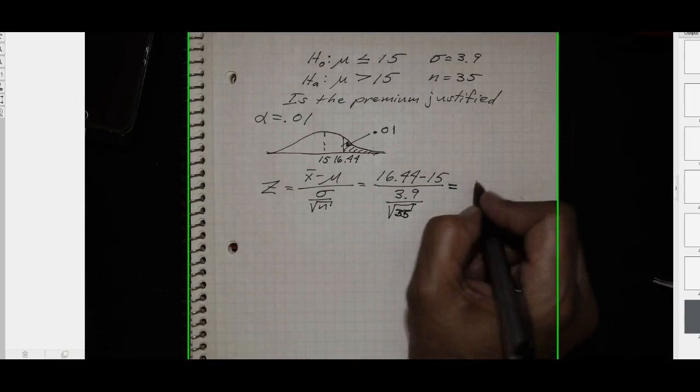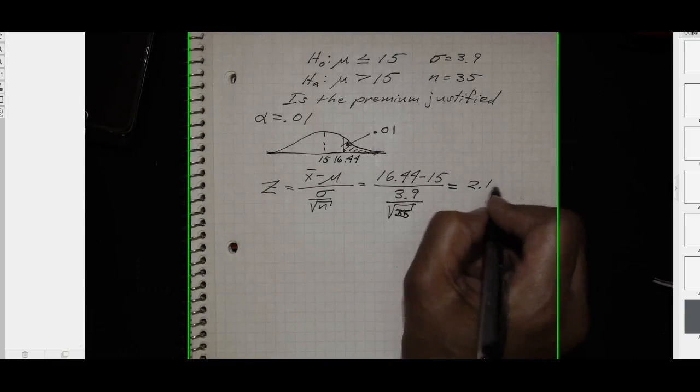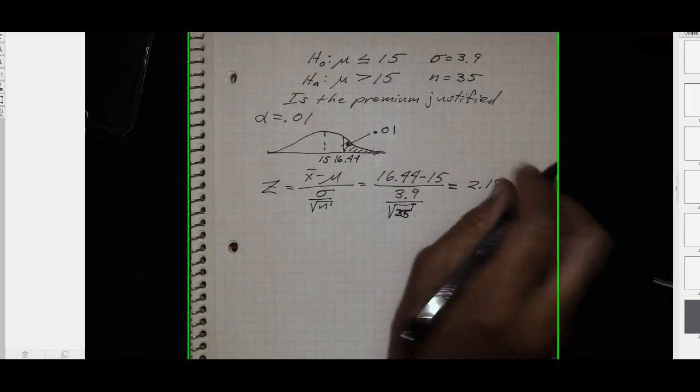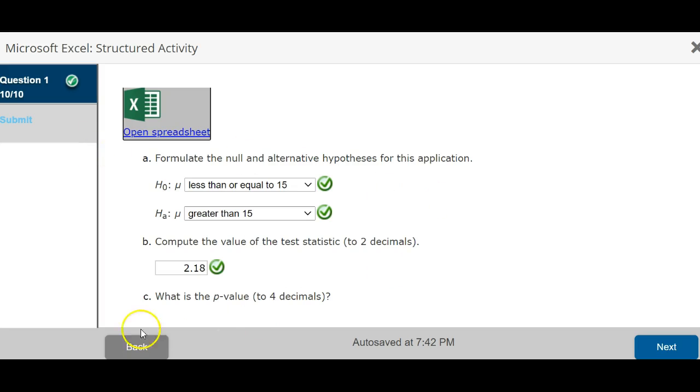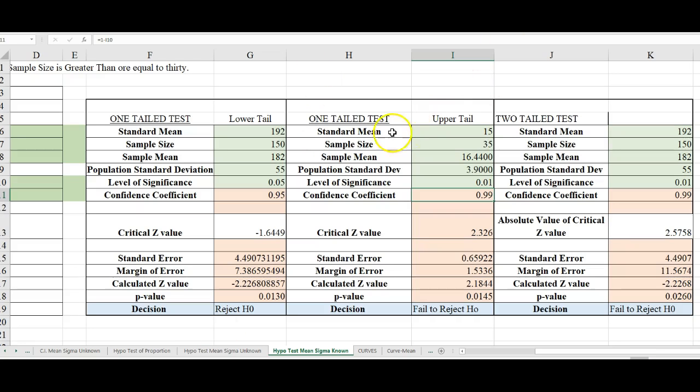This value turns out to be 2.18, which the facility considers to be correct, as you can see. But we will get that value by using our toolkit.